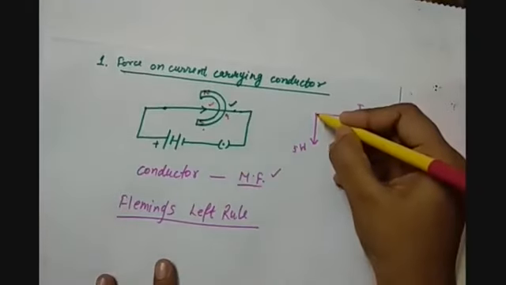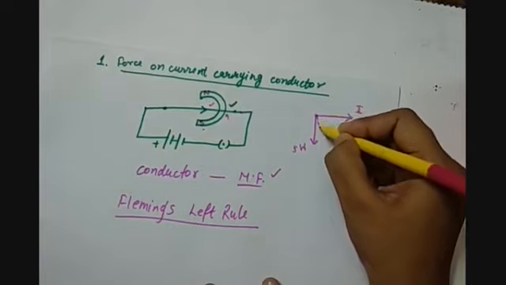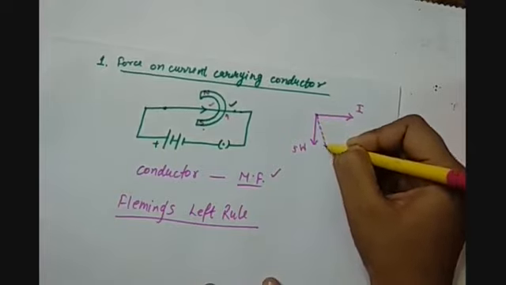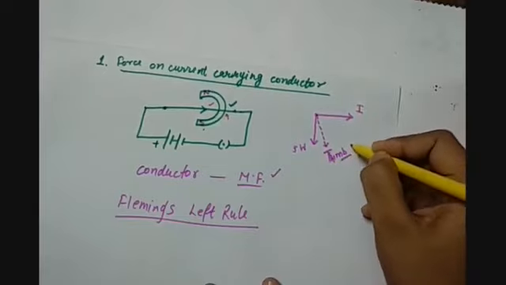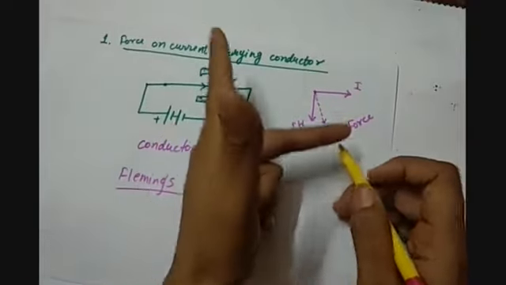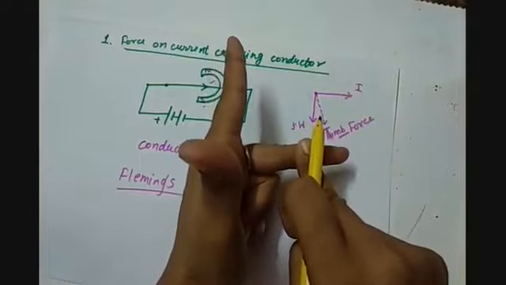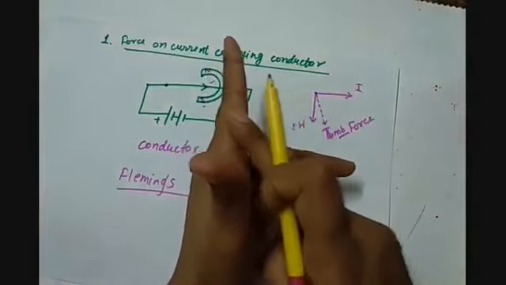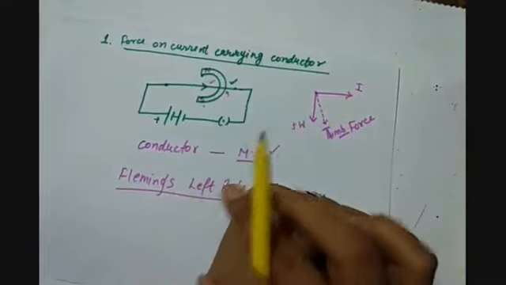So here we find that mutually perpendicular to them, I am making it with the help of dotted line, the thumb will point the direction of the force. So you can also remember it like this is the force, magnetic field and the current. So father, mother, child rule, or Fleming's left hand rule.